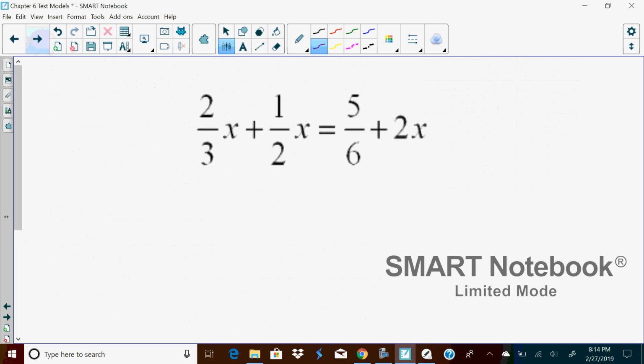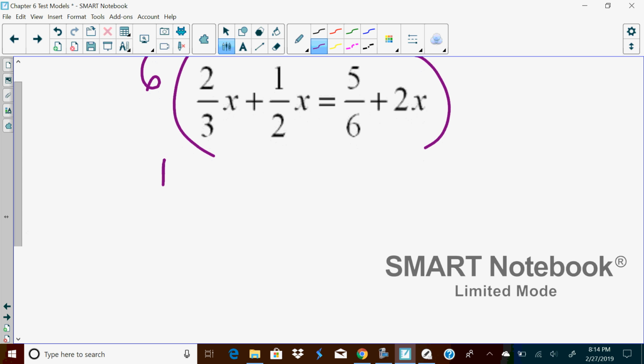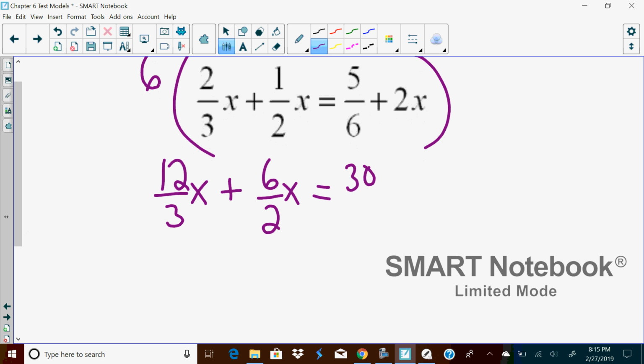The next example is solving an equation. So the first thing I'm going to do is find a common denominator. The common denominator is 6, and I'm going to multiply everything by 6. So I'm going to get 12 over 3x plus 6 over 2x equals 30 over 6 plus 12x.